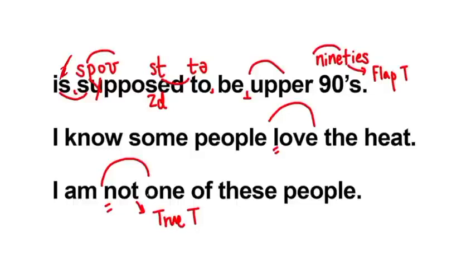I know you're thinking, wait, that's the letter O, that's a vowel, but phonetically it's written with the consonant W. So that would be a stop T, but I'm making it a true T for extra emphasis to bring it away from the rest of the sentence a little bit for stress. I am not one of these people.